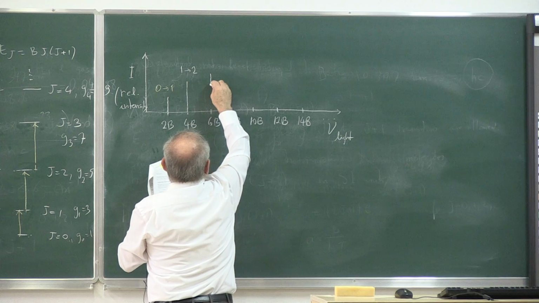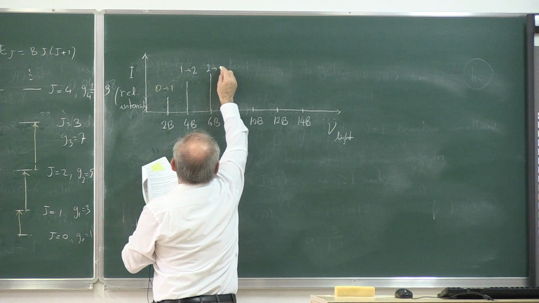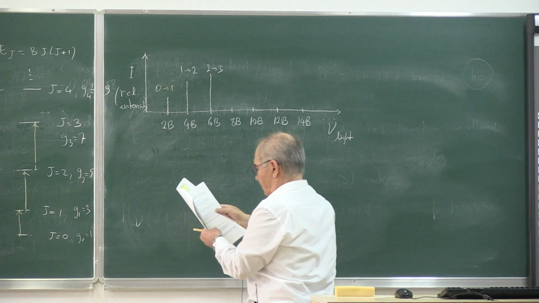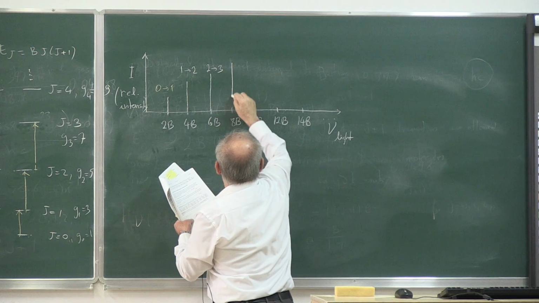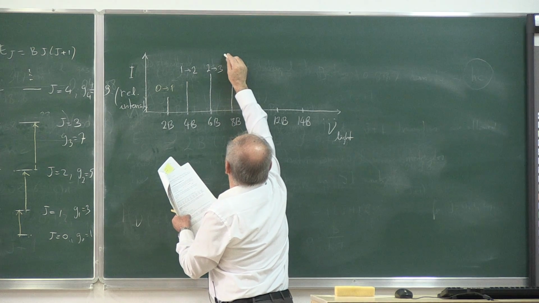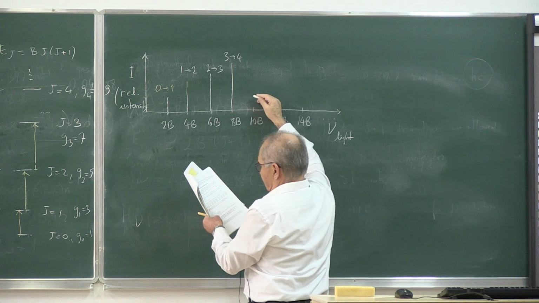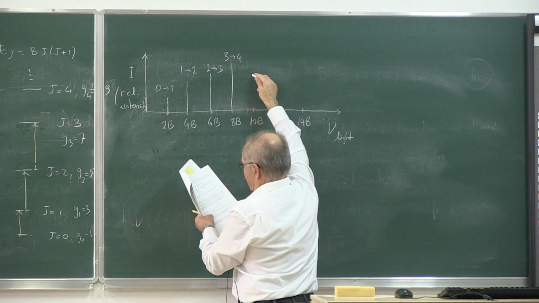The next absorption is at 6B. Here the transition is 2 to 3. And after that, we have the transition 3 to 4. Then at 10B, it starts decreasing.